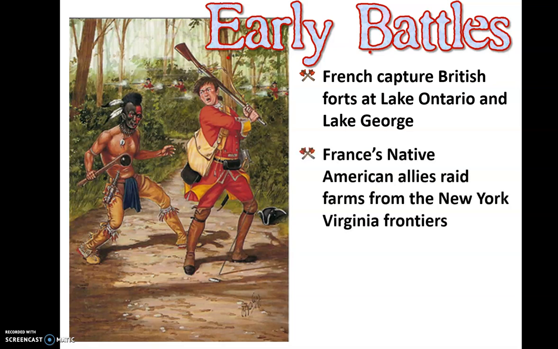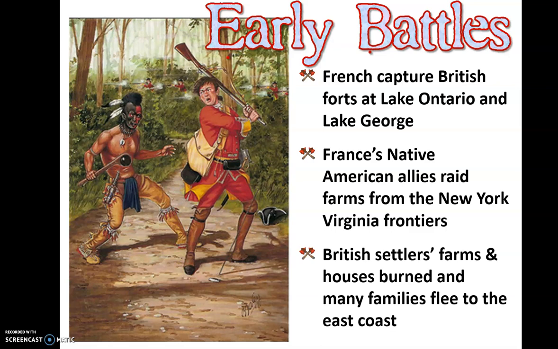Now, what happens is France's Native American allies, so their Indian allies, raid farms from the New York and Virginia frontiers. I'll show you what that looks like on a map. When they start to invade these frontiers, they begin to harass the British colonists.